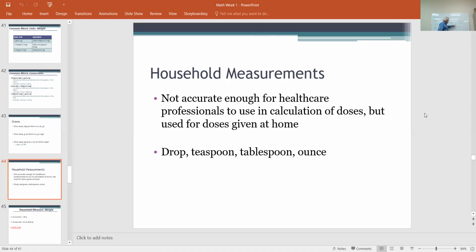Remember, this arrow goes directly to milli. Okay. The only reason that I put in centi is because we do use centimeters in a measurement, such as if we were setting up IV tubing, we would measure it in centimeters. Okay. That makes sense? All right.